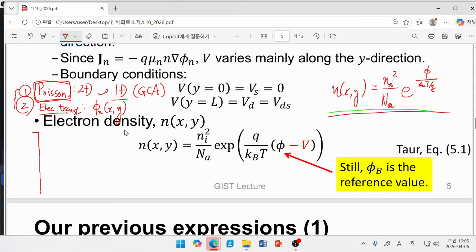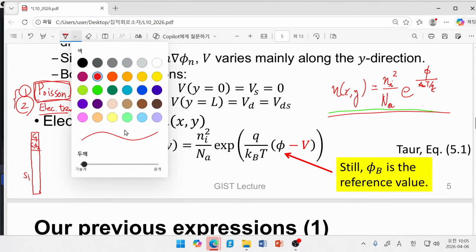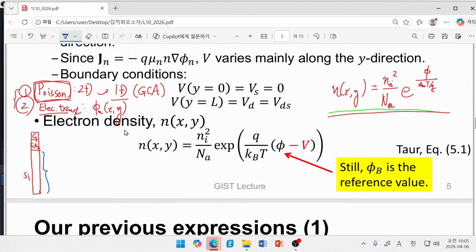So now let me draw a MOS capacitor. This one is a gate, and now we have silicon dioxide, and now we have silicon. Previously, when we considered this MOS capacitor, our important assumption was this part: phi n equal to 0 volt. Do you remember our assumption?